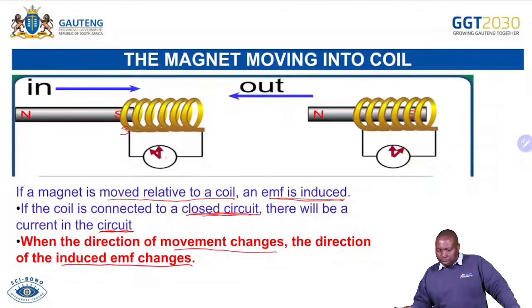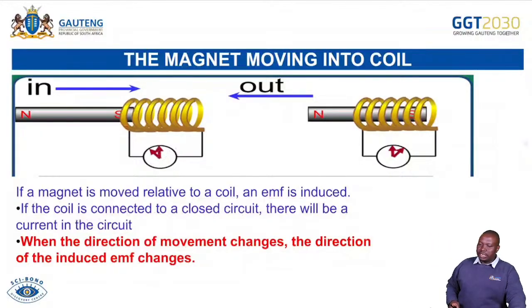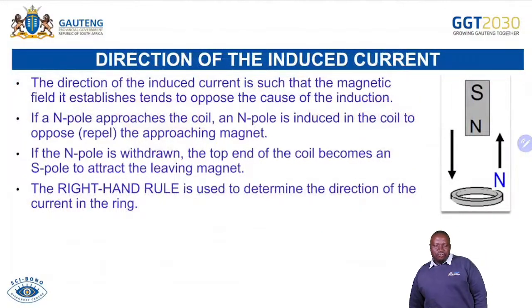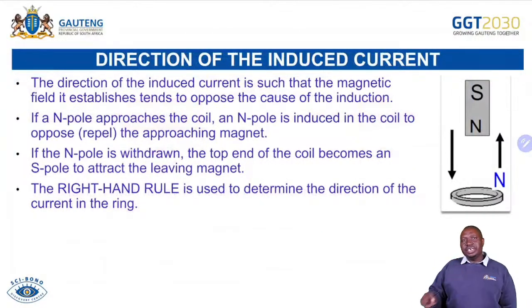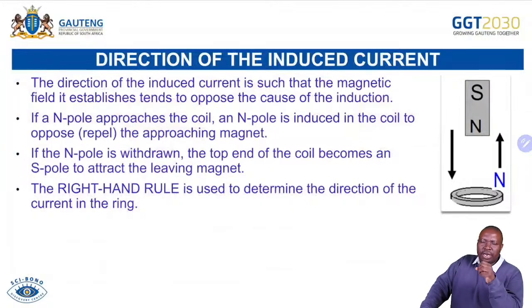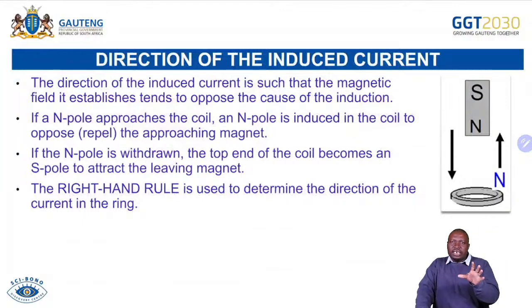So very much important. I hope you appreciate this slide and it is able to help you. Further explanation is important, because whatever we're talking about is all about the change in magnetic flux. So remember, no change in magnetic flux, no induced EMF.